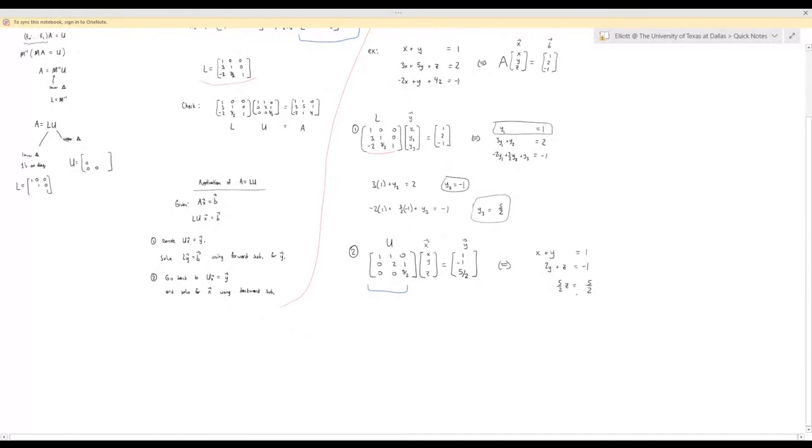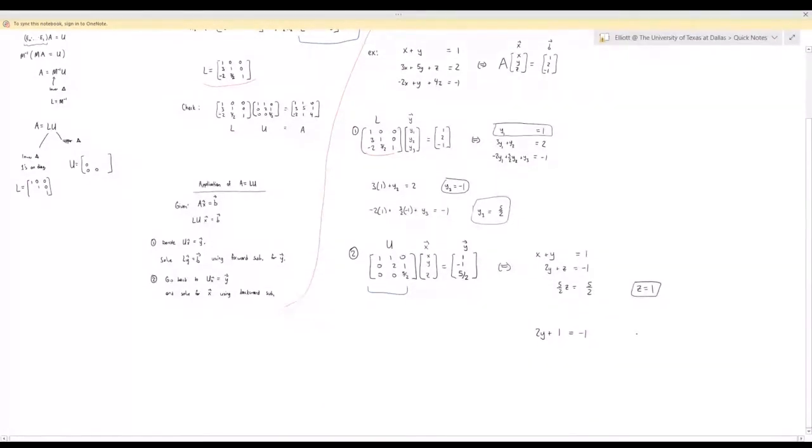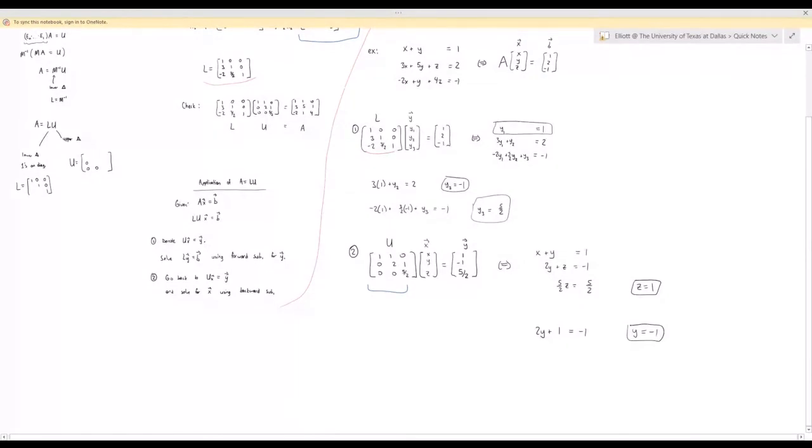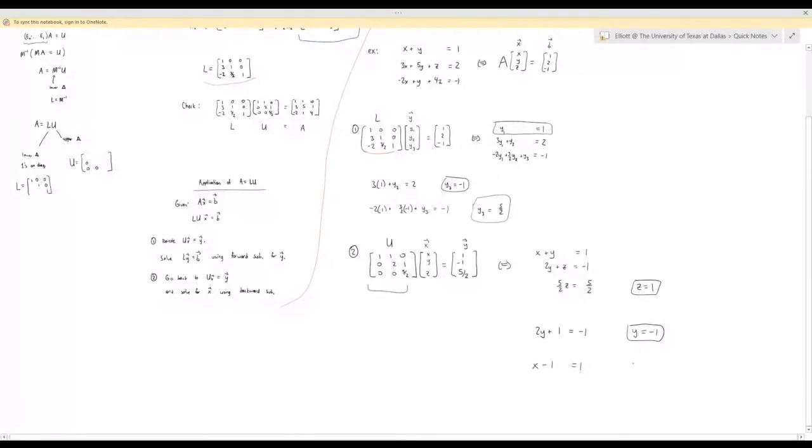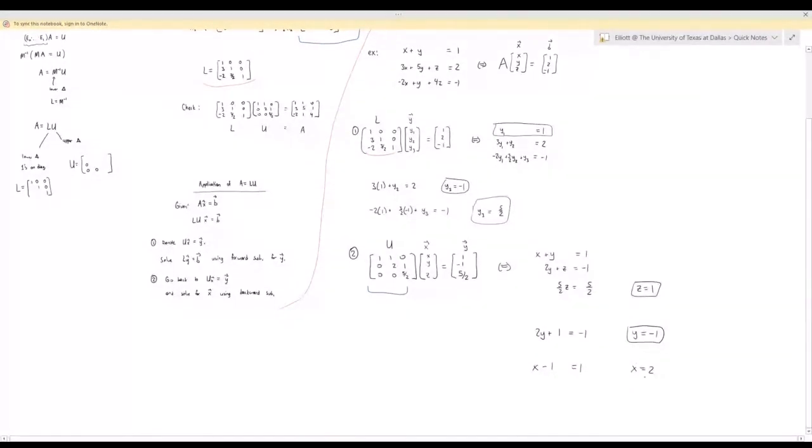Starting with the last equation, z is equal to 1. Then we substitute back into the second equation, 2y plus z equals -1, so y is -1. Then we substitute these back into the first equation to solve for x. x plus y is 1, so x is equal to 2.